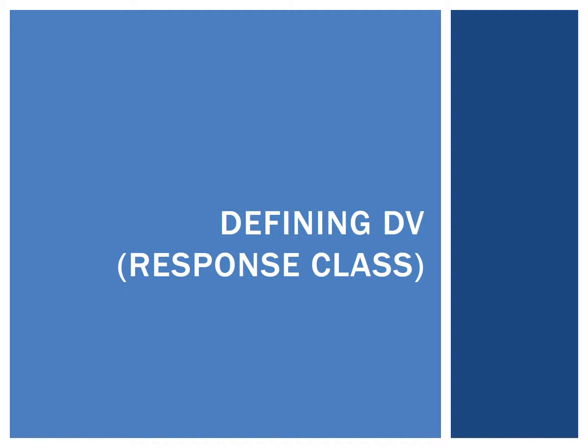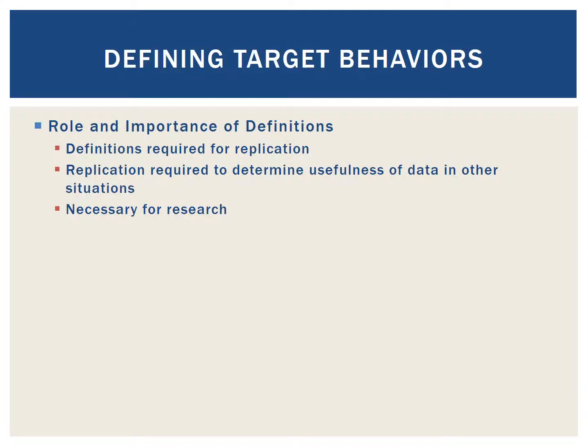Let's talk a bit about defining dependent variables, in particular relating dependent variables to response classes. When you start doing research, you're actually paying a lot more attention to definitions and target behavior definitions than you would in regular clinical practice.